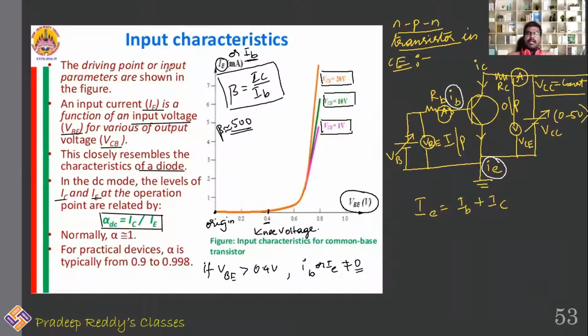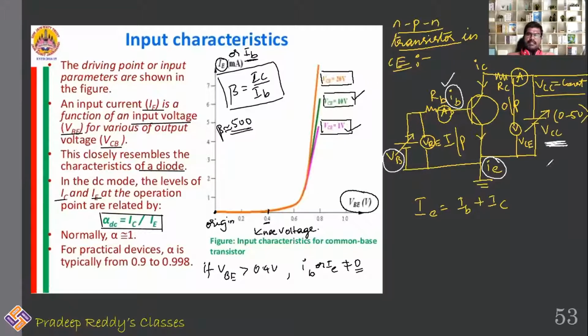This is how input characteristic studies are done, where for the operating voltage VB, we go on increasing this VB. Corresponding to that, there will be an increase in IB. For different values of VCB, we will get different curves. The first one is VCB, which is 1 volt.